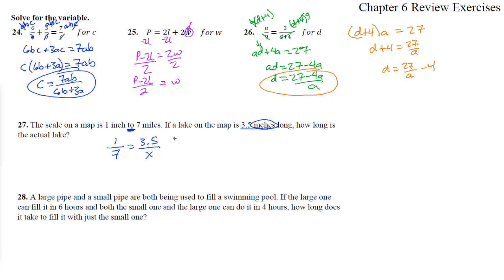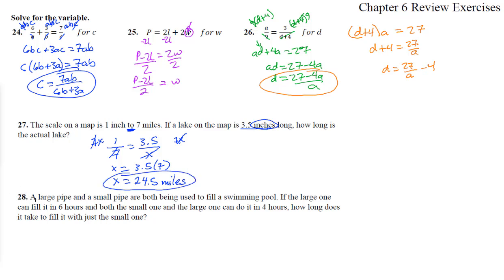So if we times both sides by 7x, the 7 cancels over here, the x cancels over here, and we get x equals 3.5 times 7. And some of you may think, well, of course that's what you're going to do. If each inch is 7 miles, then just times the 7 by 3.5 and you get it. Exactly true. So this is 24.5 miles. That's a pretty big lake.